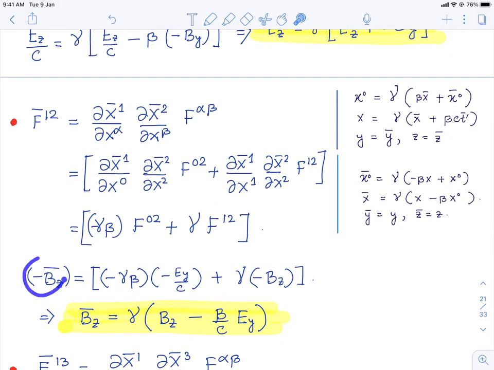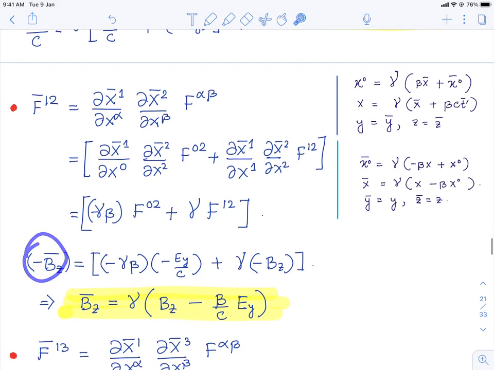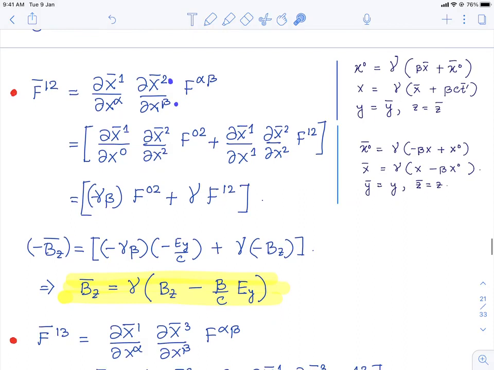Similarly, if you do for the Bz, so you consider F12 bar here, then you have this expression here, 1, 2. Now this is even more simple. You see, there's a 2 and this is beta. So this beta can at most be 2, so it's 2 in both the cases. Otherwise, it's 0. And this is 1, x bar 1, that is a function of x and x naught, so either it can be 0 or 1.